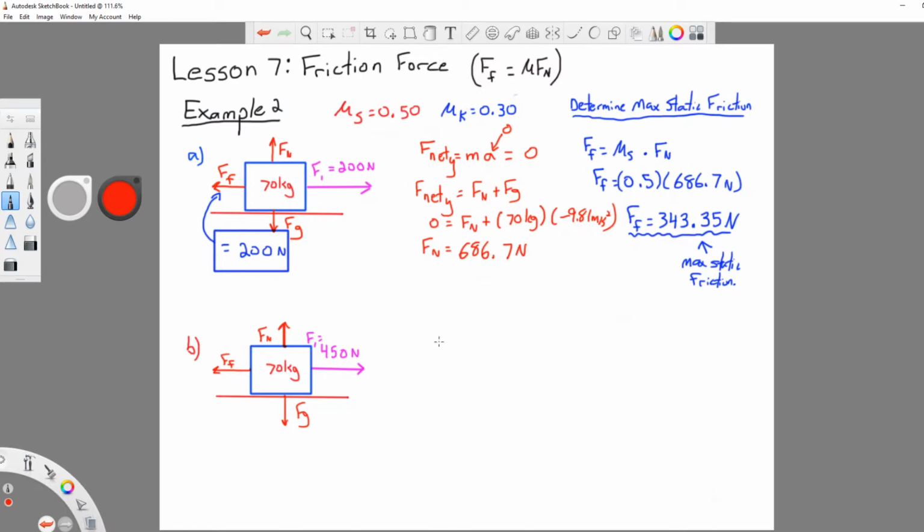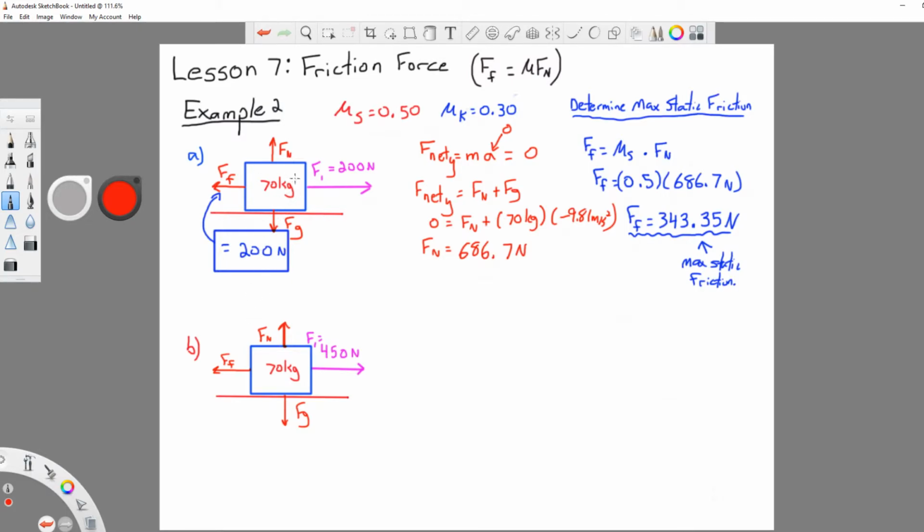All right, but we have a little bit of a different situation here. We already know what the normal force is here. Our normal force is 686.7 newtons, and we actually already know our force of friction because it's going to be the max static friction.